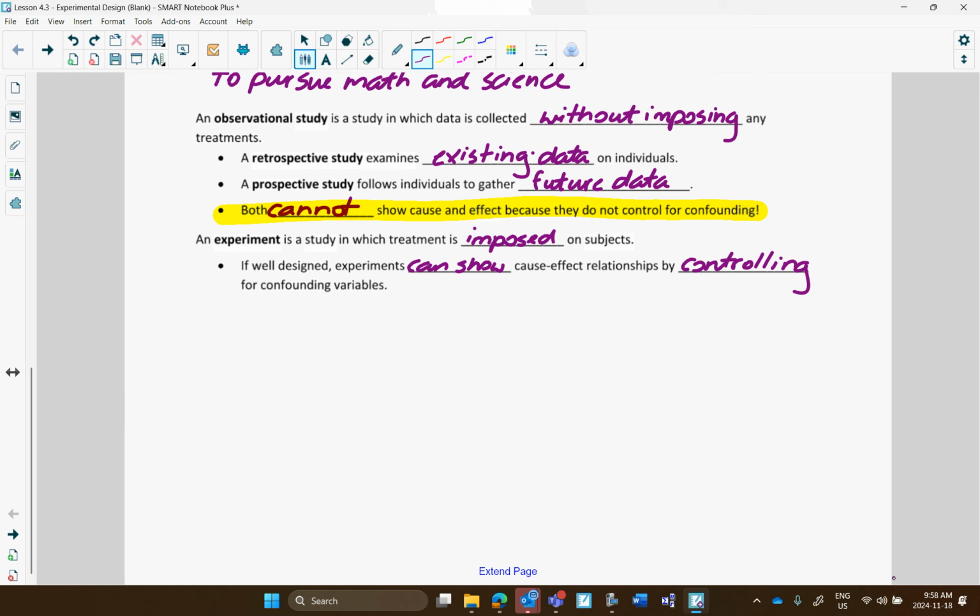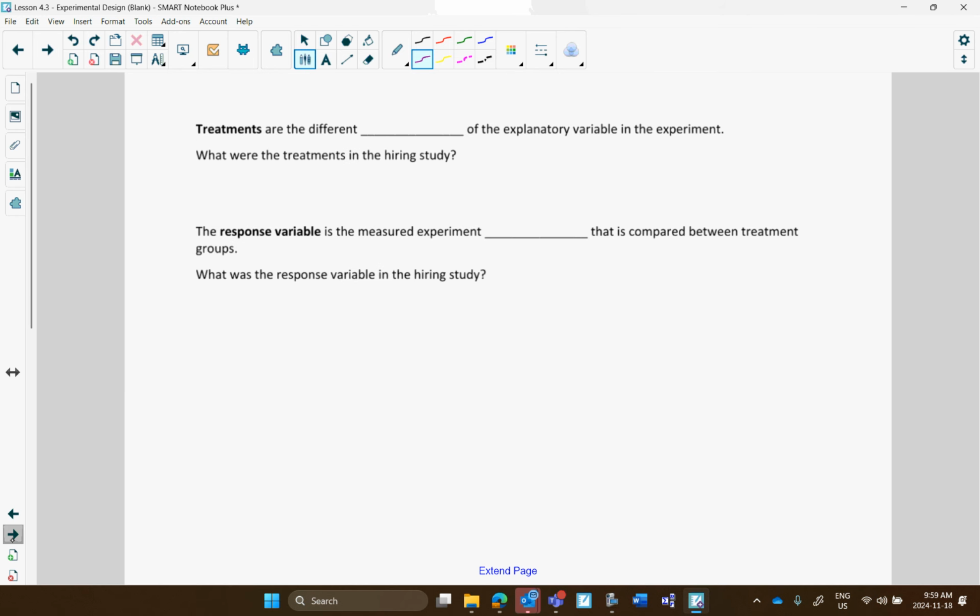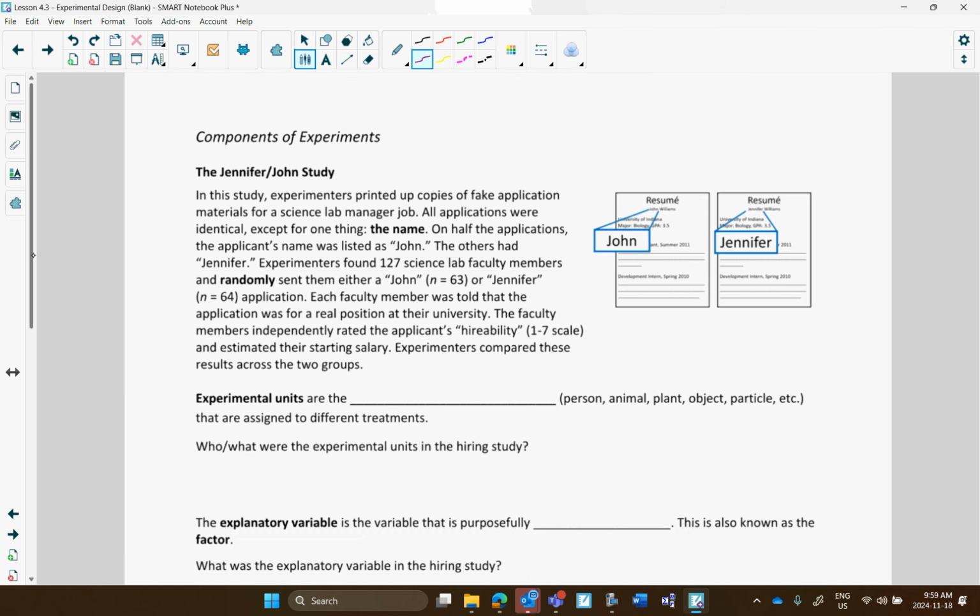So we're going to focus for the next little while on experiments. What's everything that's involved in experiments, how we go about implementing experiments, and what makes good experiments and bad experiments.